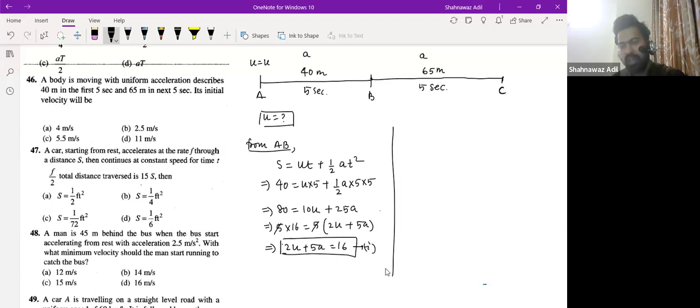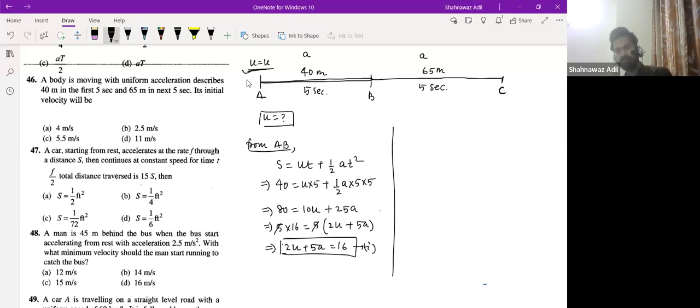Clear? Now in the second part, so that I can again use this initial velocity, what journey should I consider? I have used this journey A to B. What journey should I consider so that I can use this u? Can you guys tell me? 40 meters.